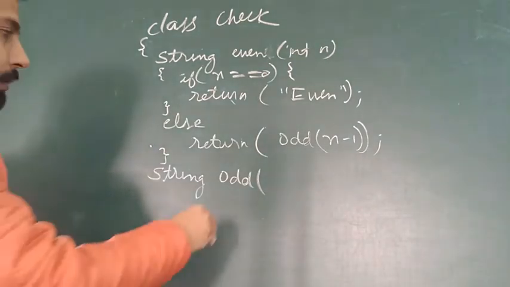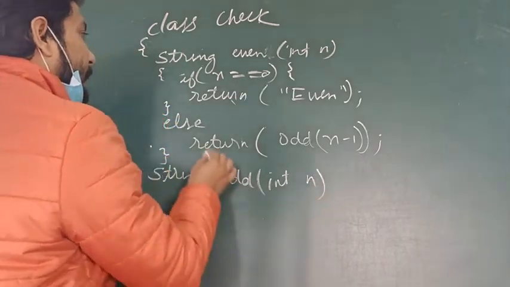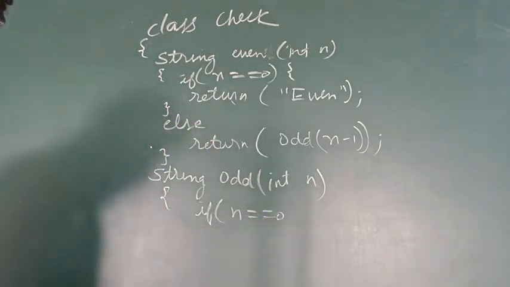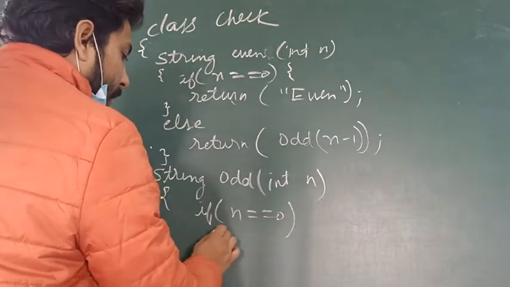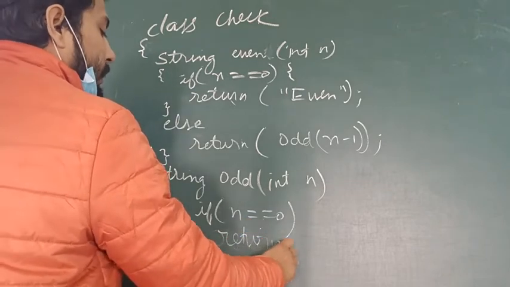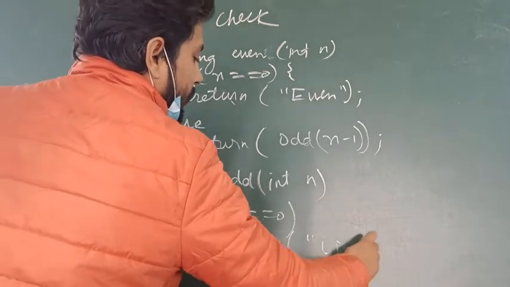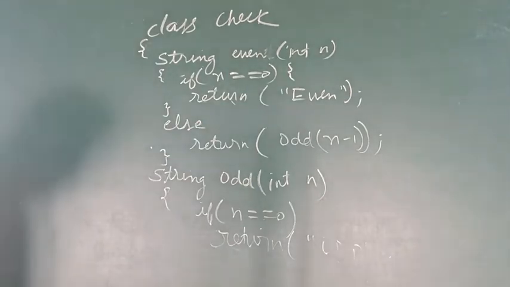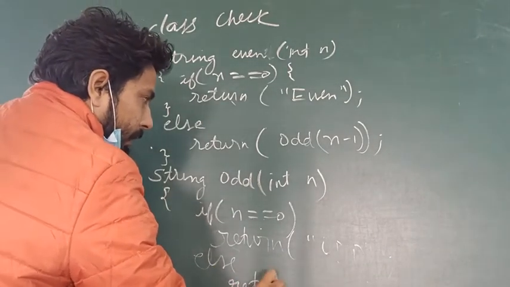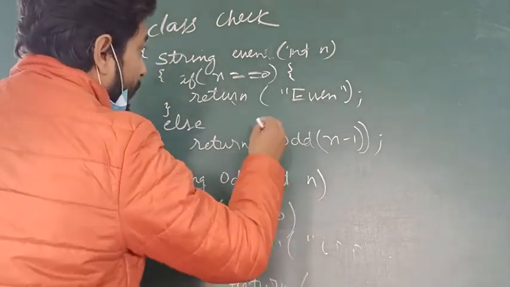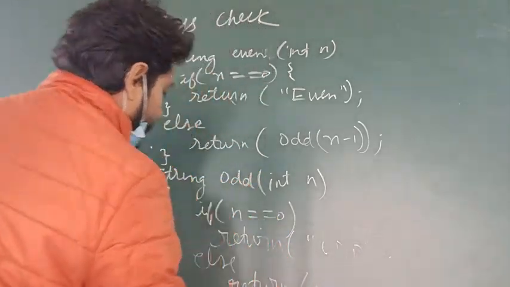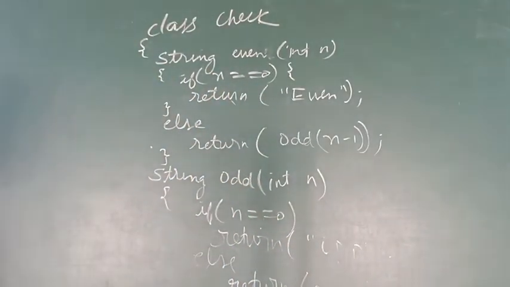String odd, here also int n. If your n equals 0, return odd, and else return even of n minus 1.